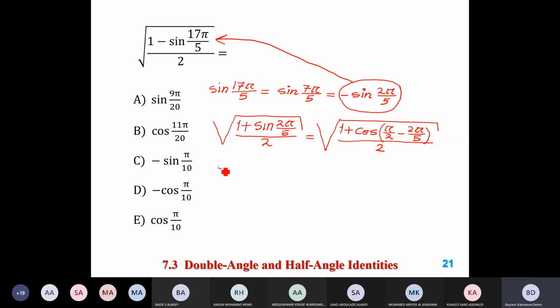So, Shabab, it is equal to 1 plus cosine of what? Pi over 2 minus 2 pi over 5. Who's going to tell me, Shabab? 3 pi over 10. Pi over 10, sorry. Pi over 10, over 2. Now you can see the formula. What is this, Shabab?